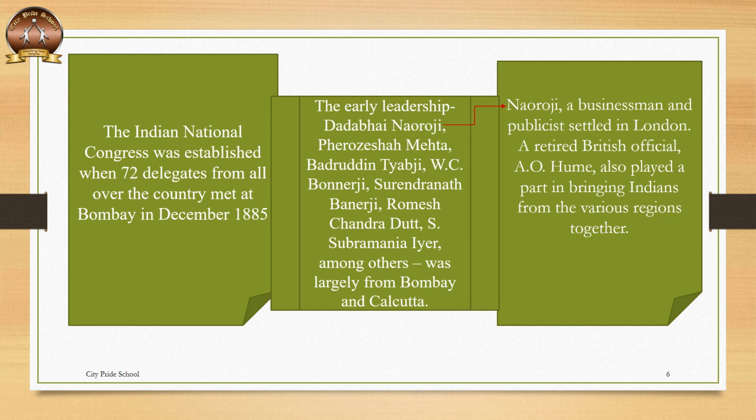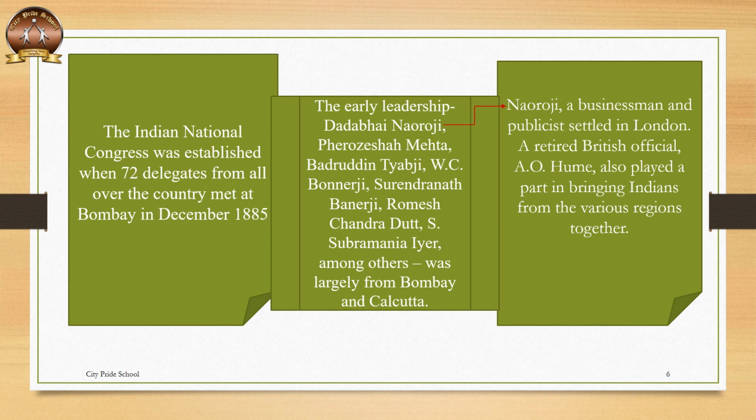Now children, we will discuss something about Dadabhai Naoroji. He was a businessman and a publicist who settled in London. Now publicist means someone who publishes an idea by circulating information, writing reports and speaking at meetings.